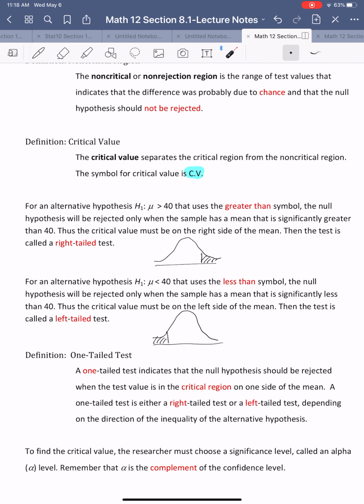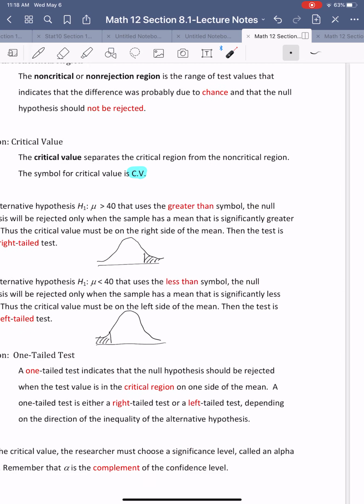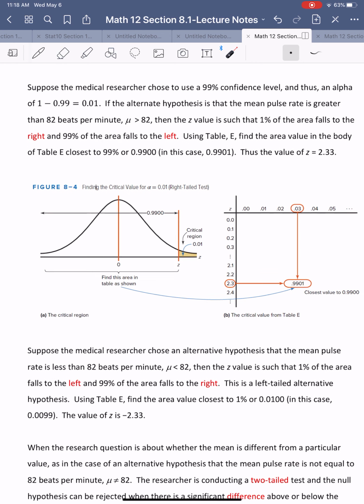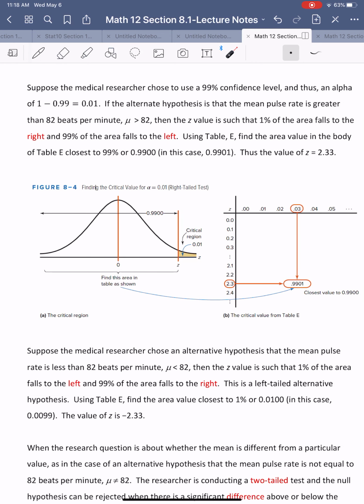To find the critical value, the researcher must choose a significance level called the alpha level, and remember that alpha is the complement of the confidence level. Suppose the medical researcher chose to use a 99% confidence level.